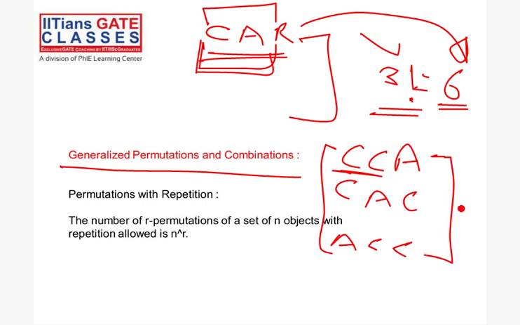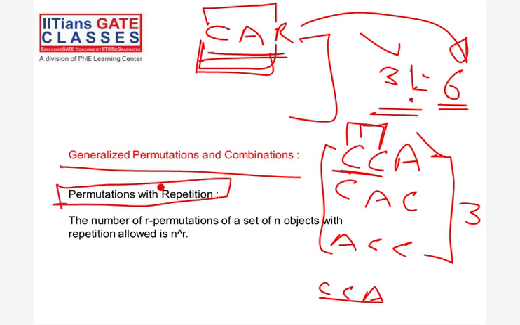You can only find 3 ways, because if you interchange these two C's, you again get the same word. So now we want to consider permutations with repetition, when some elements are identical.